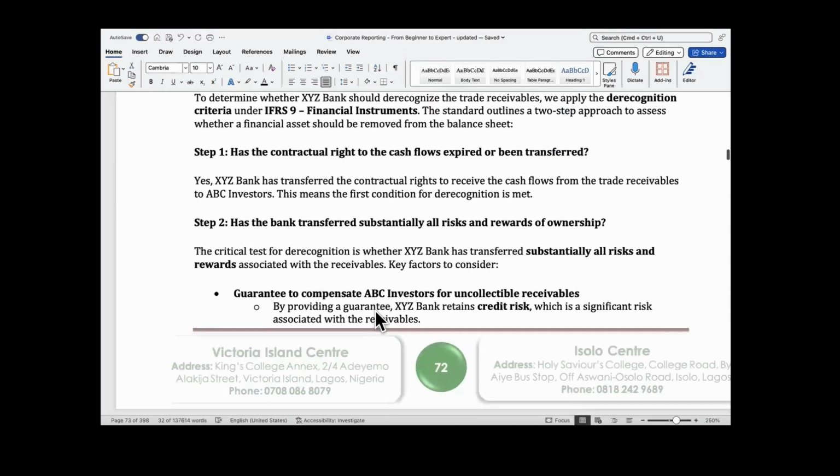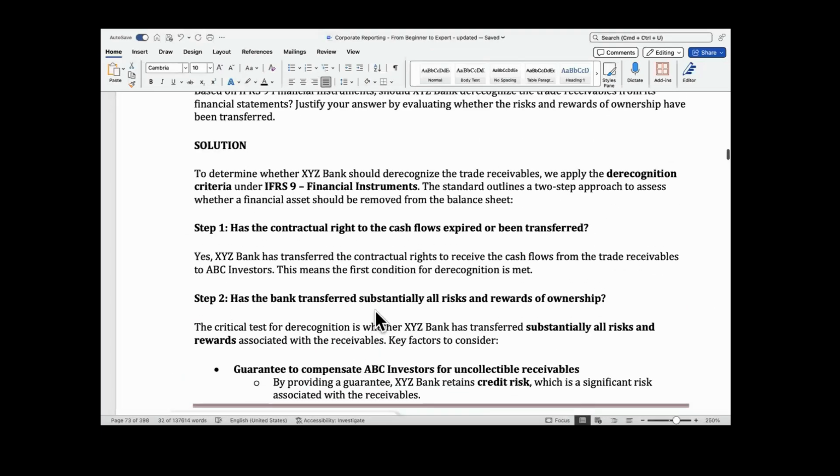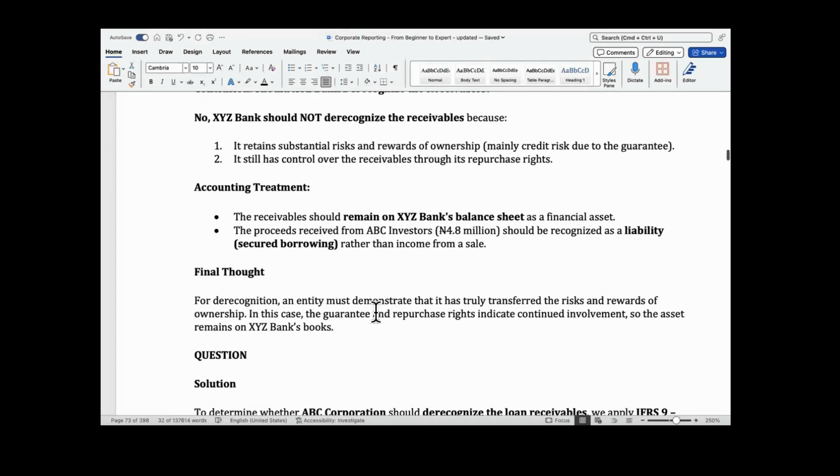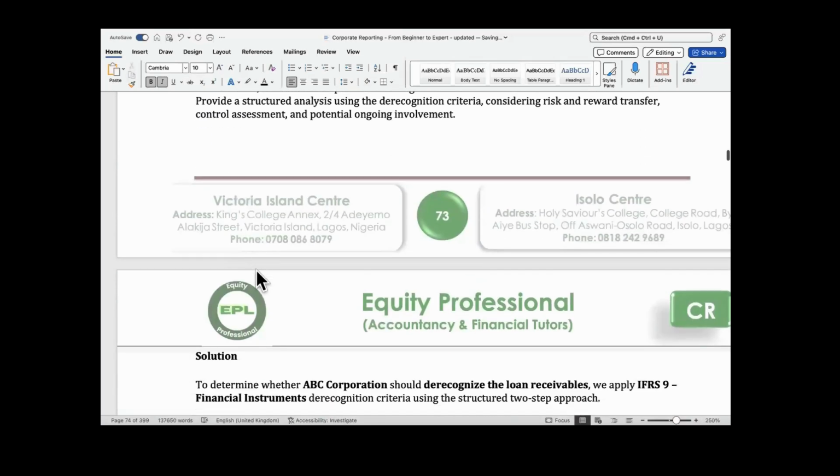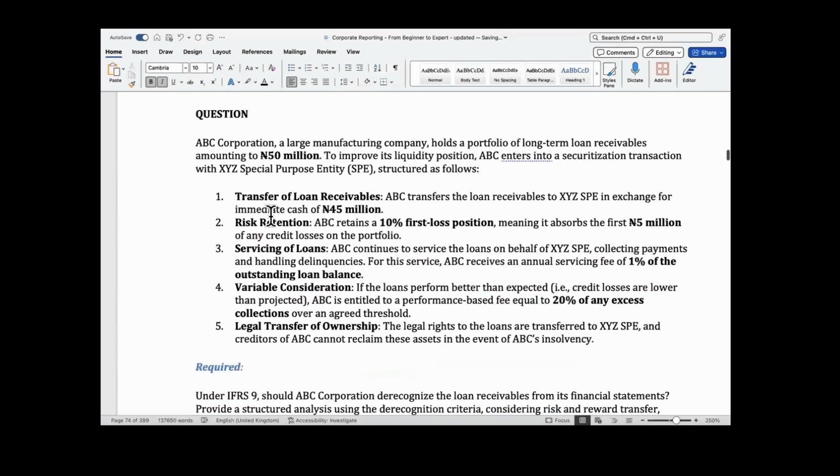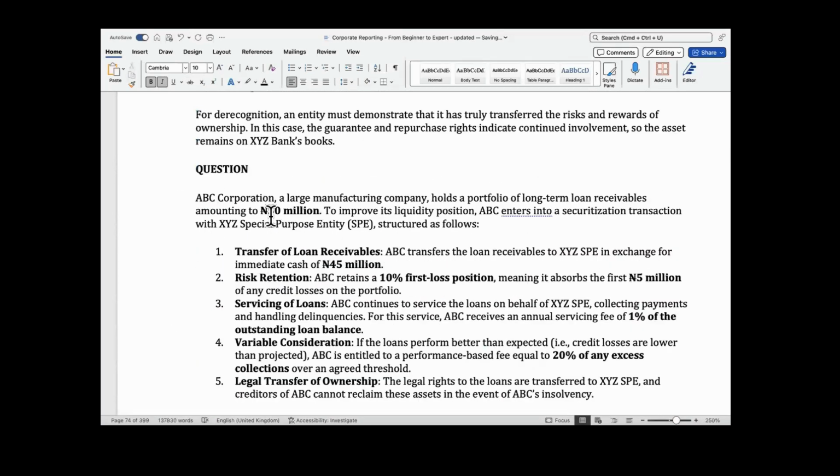Okay, let's look at one more question. So we have ABC Corporation, a large manufacturing company, holds a portfolio of long-term loan receivables amounting to 50 million.